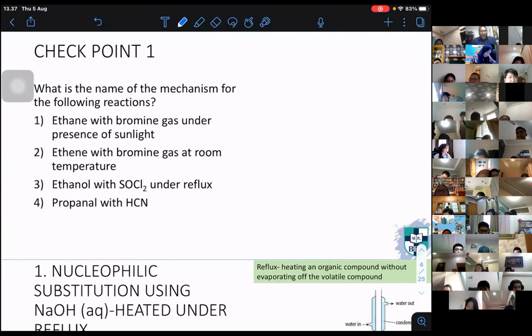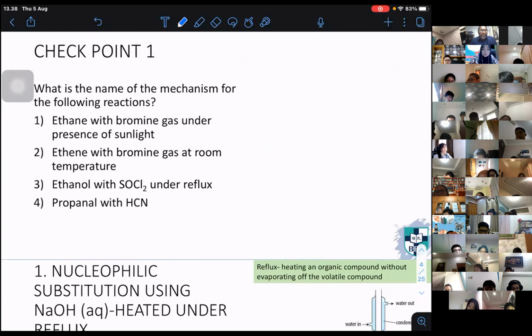What is the name of the mechanism for the following reactions? If you have ethane, which is an alkane, with bromine gas in the presence of sunlight, you need to know the mechanism of this reaction. So maybe I'll ask my own students first.